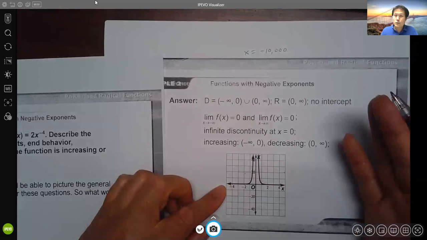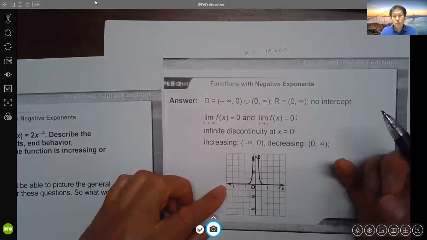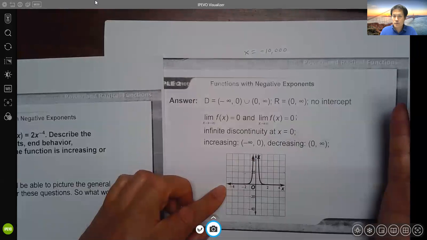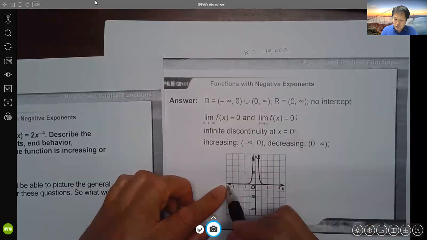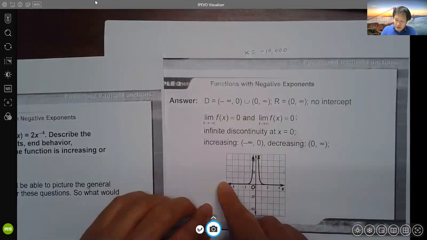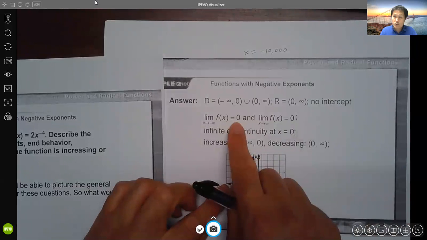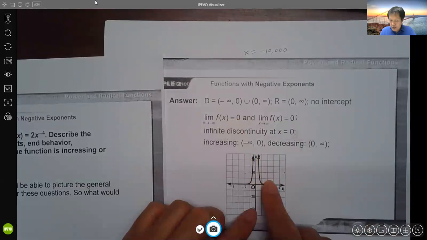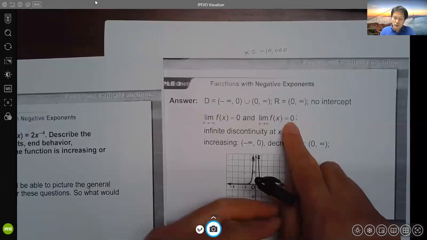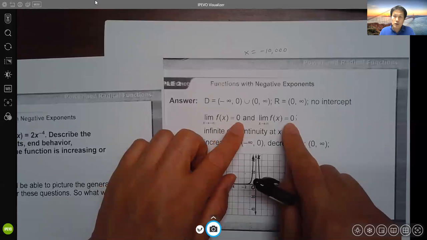Your calculator will give you a y value of 0 or 0.0000, which is almost 0. So it's approaching 0. So left hand, if you go left, y approaches 0. What happened to the right hand? If you keep going to the right, y value also approaches 0.